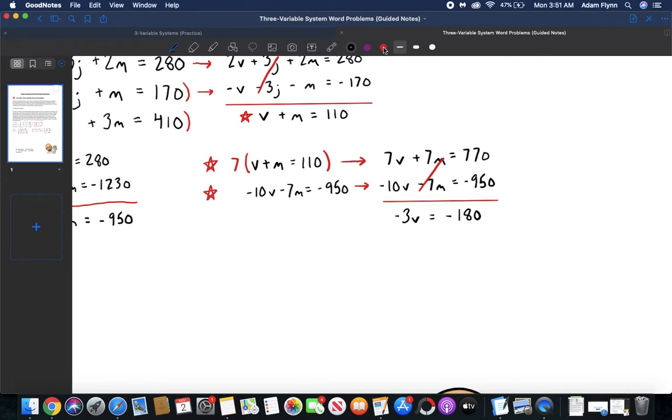So at this point I can divide both sides by negative 3. Negative 3's cancel on the left. So I'm left with v equals negative 180 divided by negative 3, which is a positive 60.